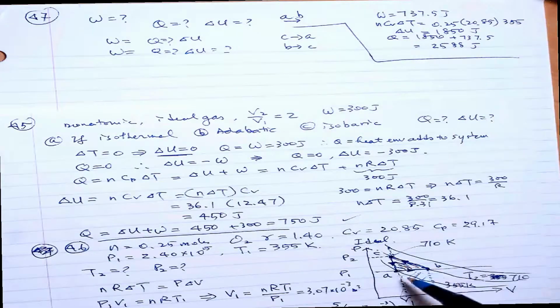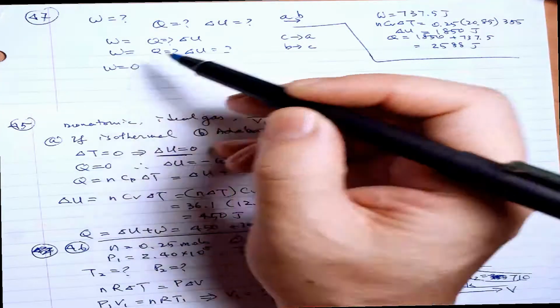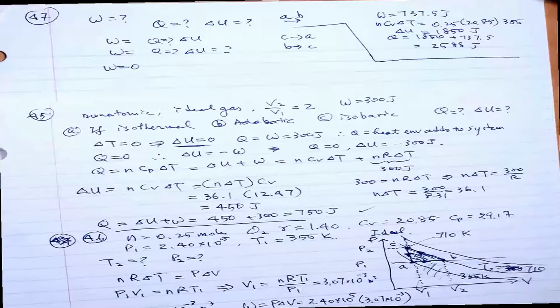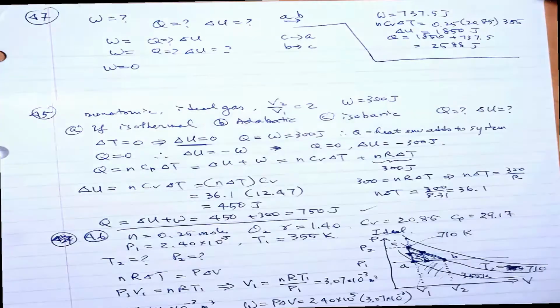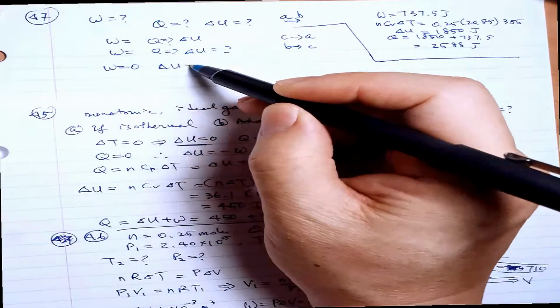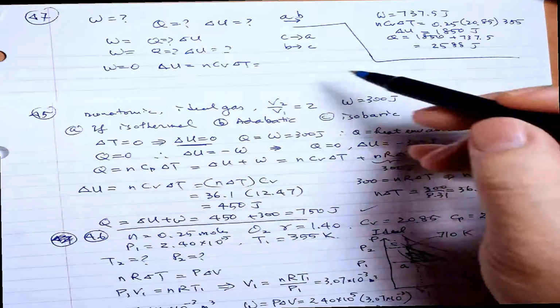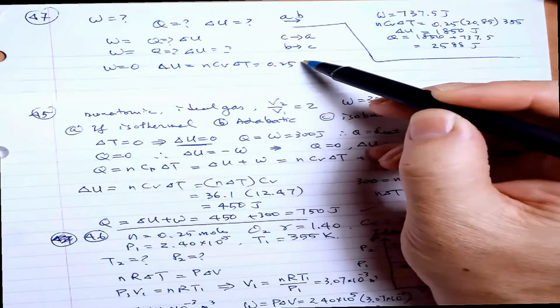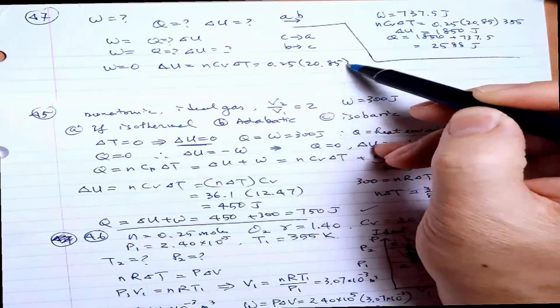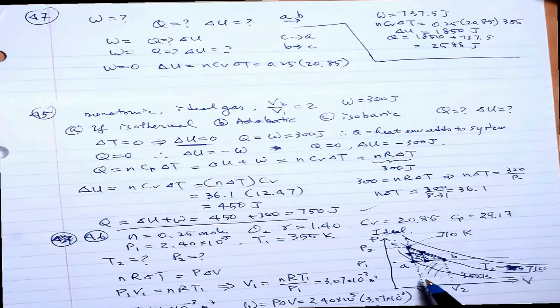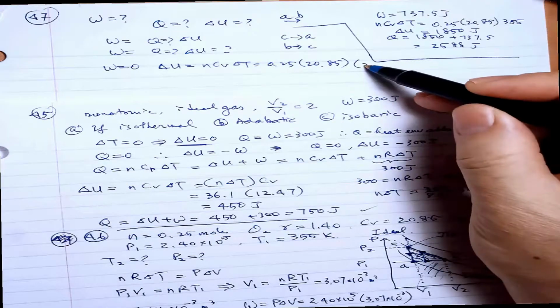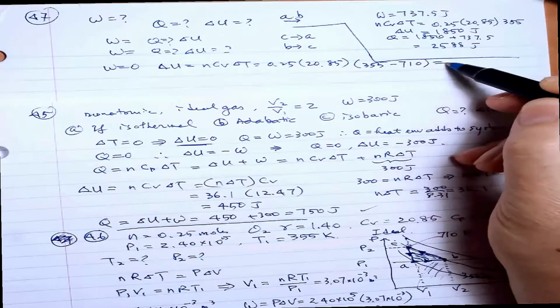Okay, from C to A, which is the isochoric one, work done is 0. There's no work done vertically. Isochoric, there's no work. But the change in internal energy is again n CV delta T. In this case, n is the same, CV is 20.85, but delta T is negative now because it's from high temperature to low temperature. The final temperature is 355, initial temperature is 710.